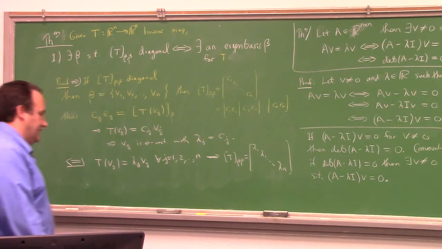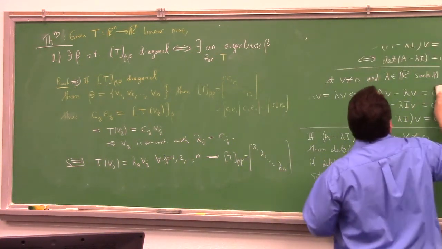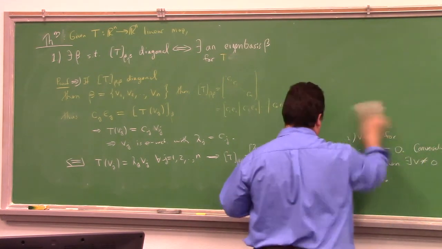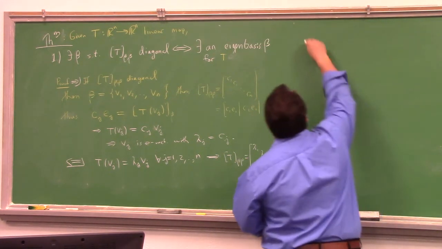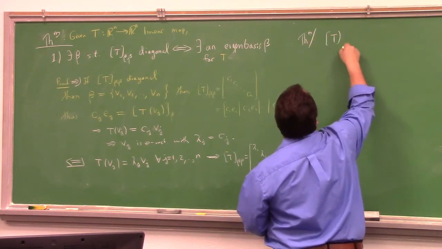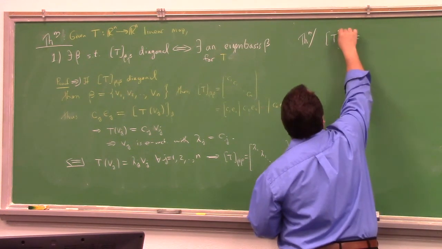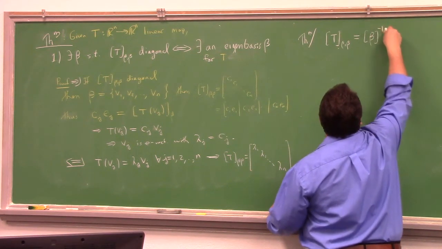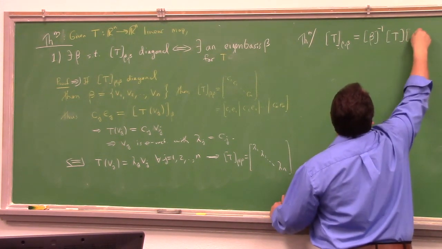I guess I should mention coordinate change. So like theorem, the T beta beta coordinate map matrix is equal to the inverse of the beta basis matrix times the standard matrix of T times the beta basis matrix.